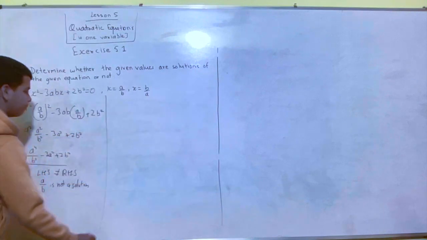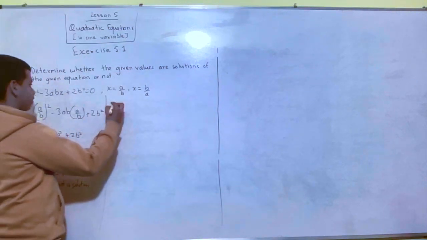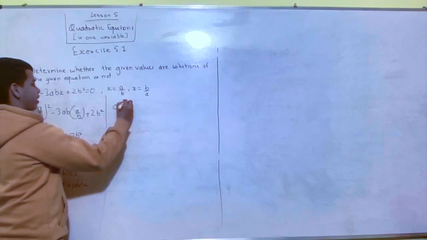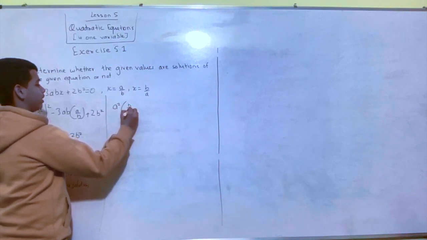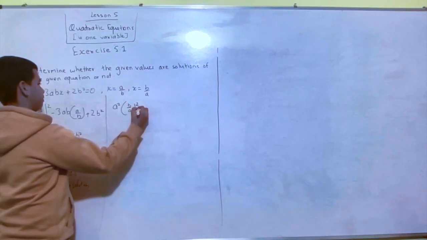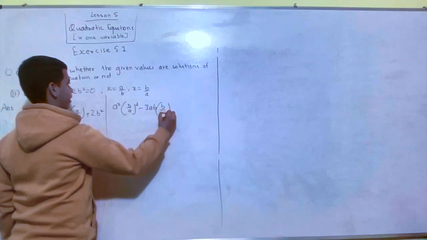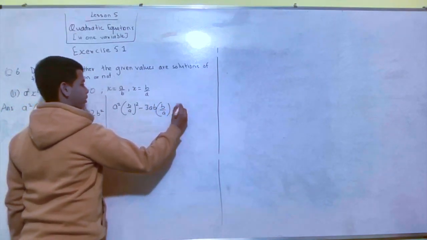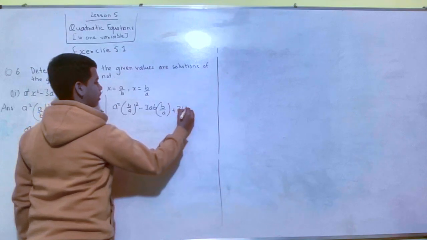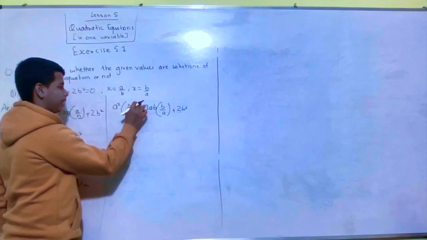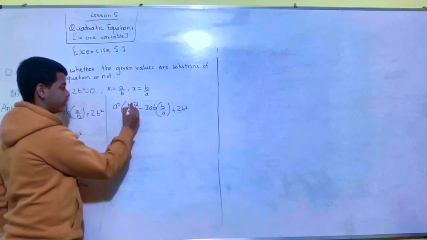Let's try with b by a. Now here we'll do the same thing, a square times b by a whole square and minus 3ab times b by a plus 2b square. Here we are going to distribute the power to both the variables.